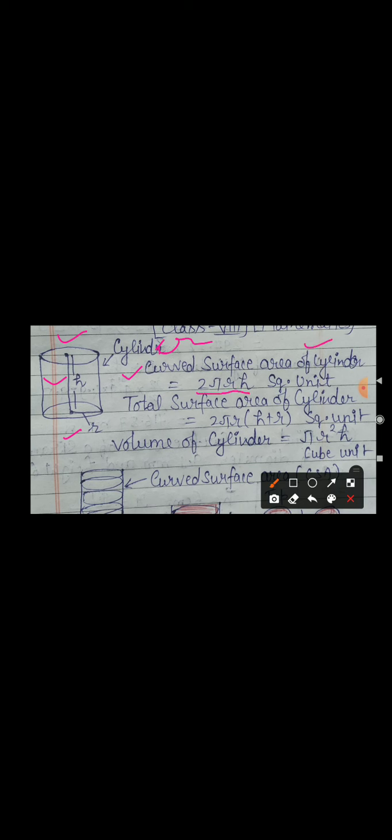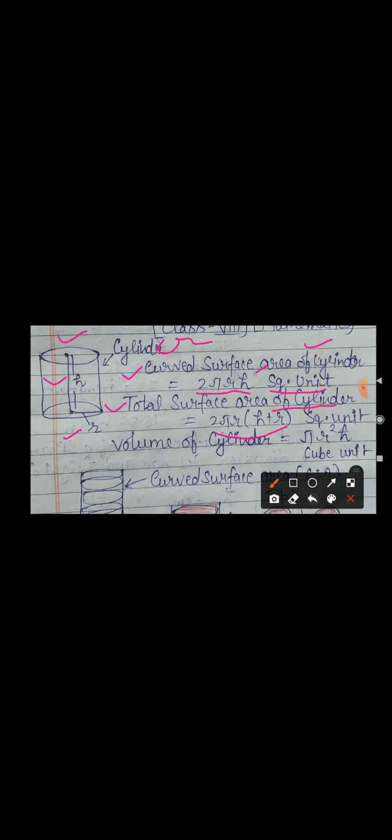Here 2 is a constant value, pi is 22 upon 7, r is the radius and h is the height. Now the total surface area is 2 pi r (h plus r), and the unit of total surface area is square unit.